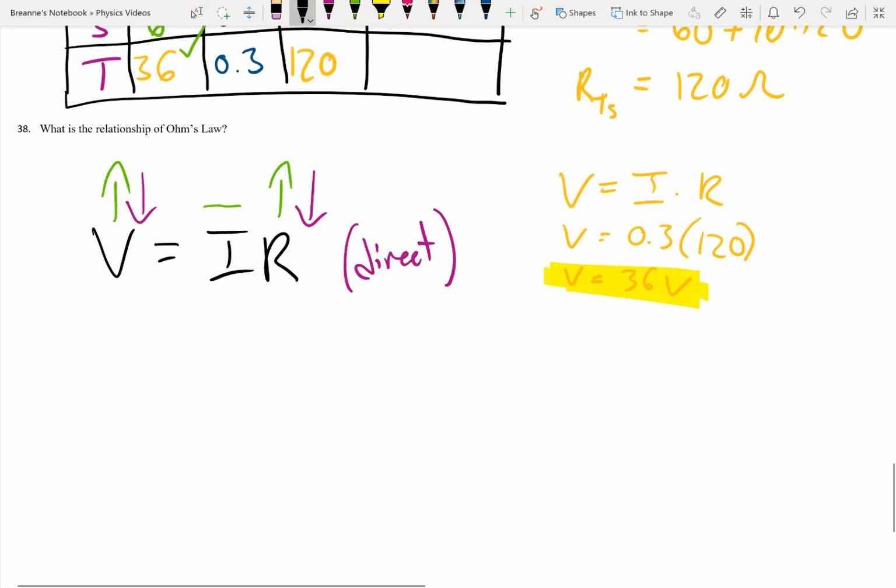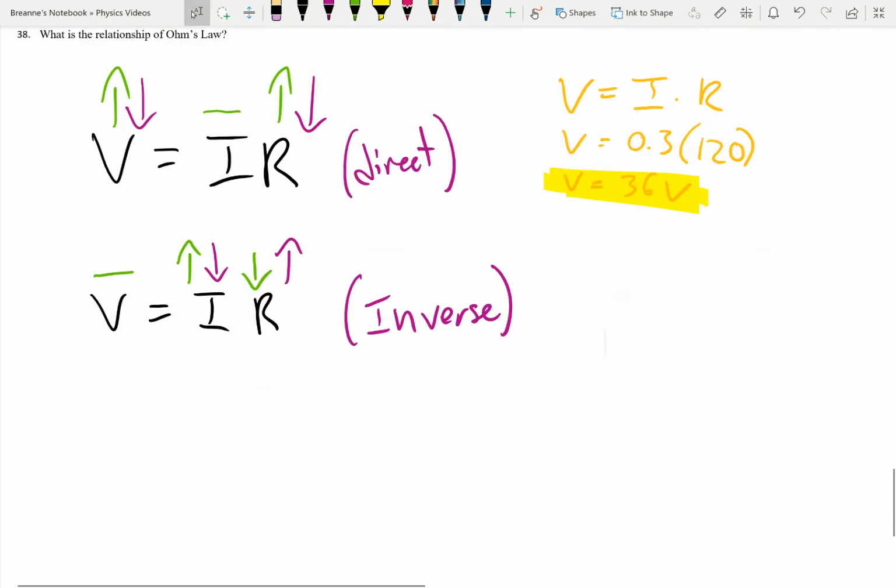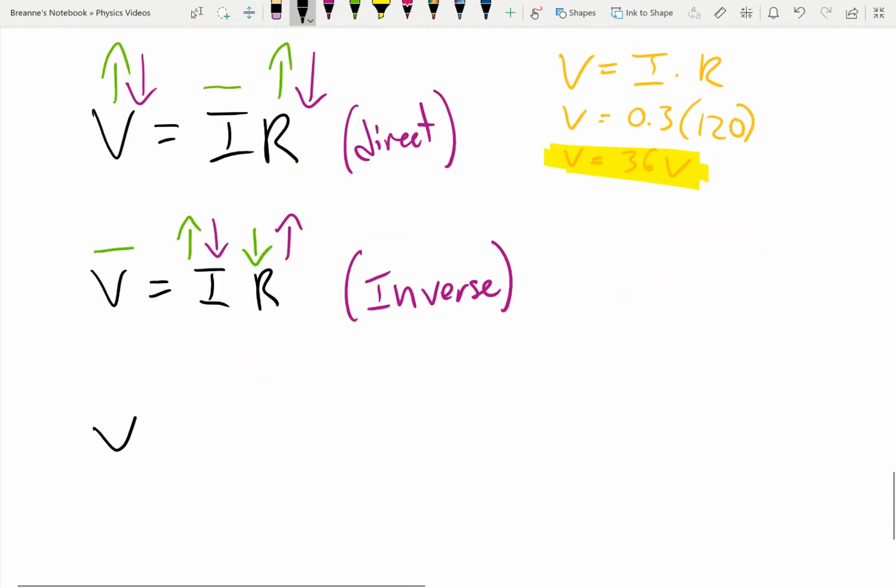If you're looking at keeping voltage the same, as current increases, your resistance would actually have to decrease. And then vice versa, that will give you an inverse relationship. One more.